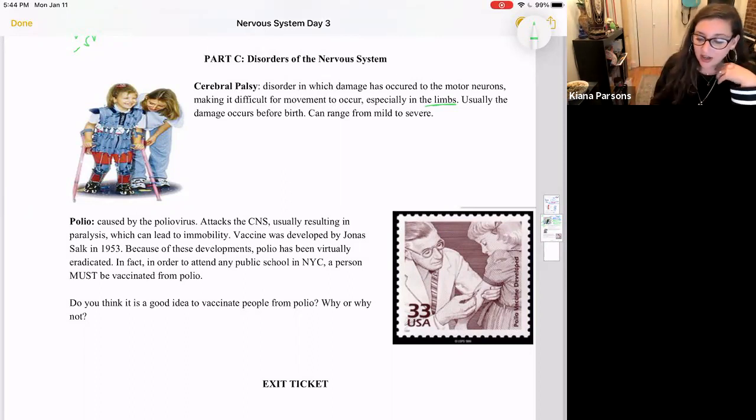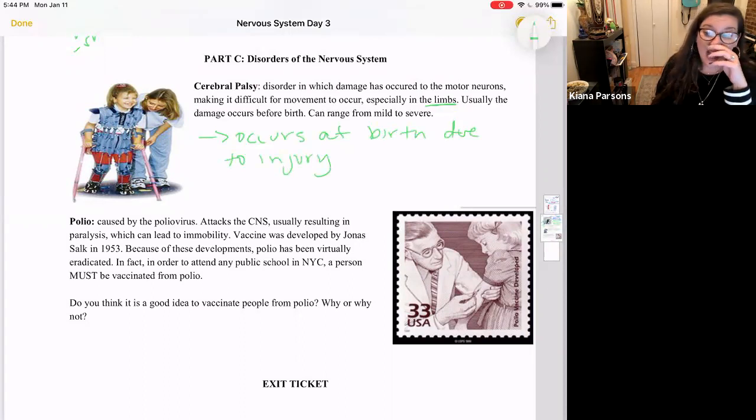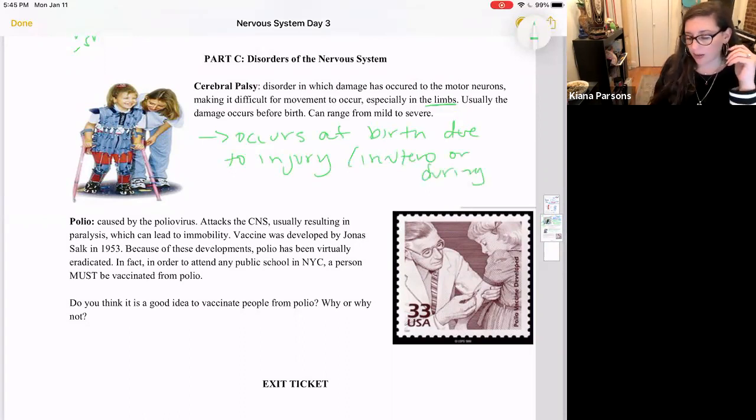So in the case of cerebral palsy, this usually occurs at birth due to injury, right? It can happen in utero or during birth, during partum.